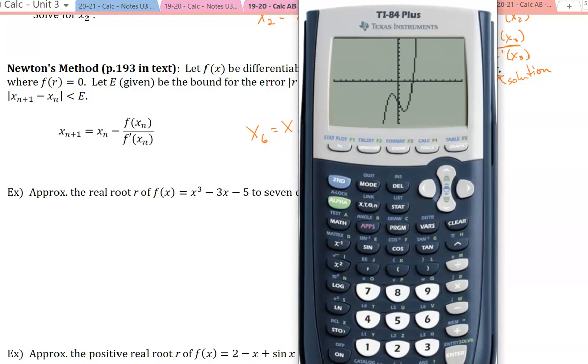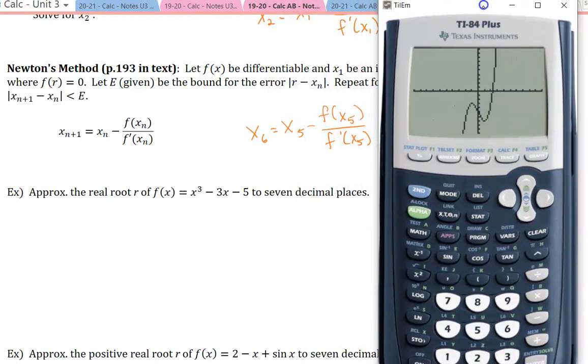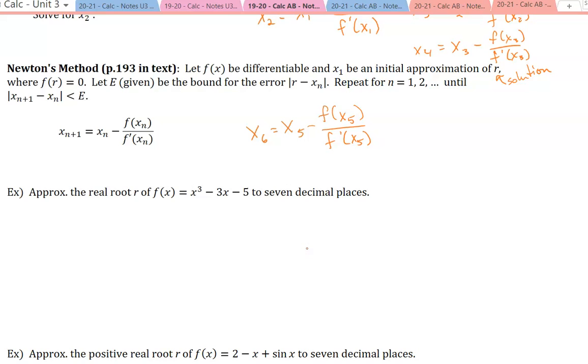Okay, now, if we wanted to, we could start at like x sub 2.5 or 2.3 or something like that. I'm just going to start at 2, just to start with an integer, okay? So when I write this out, as far as showing work, this is what I need to show.